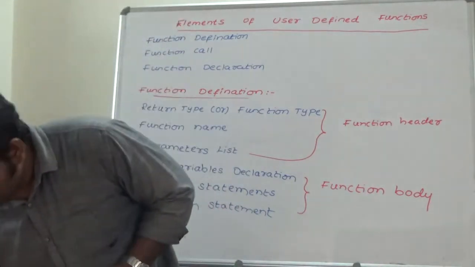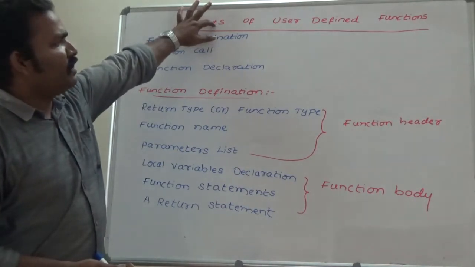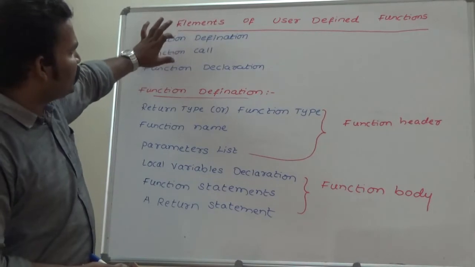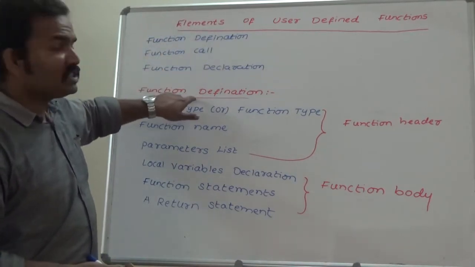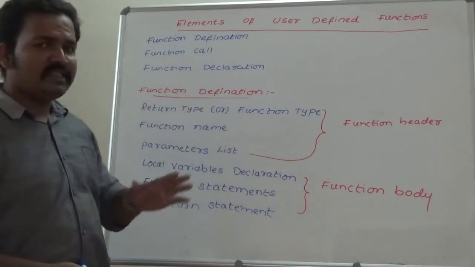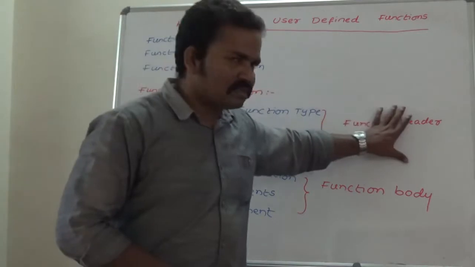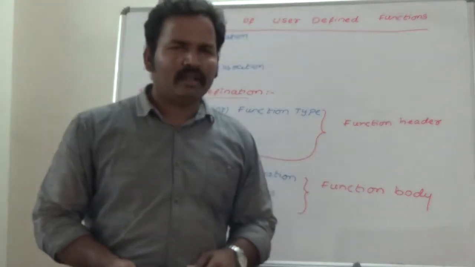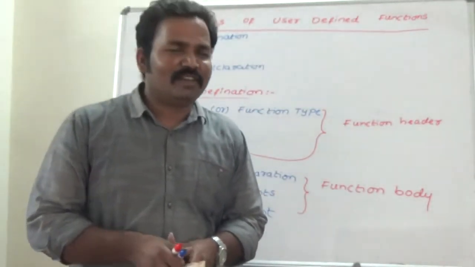User defined functions have 3 elements: function definition, function call, function declaration. Function definition consists of all these elements. Now we will see the syntax for function definition.